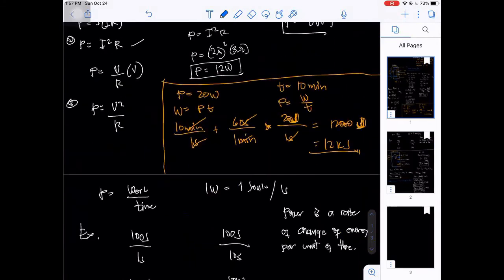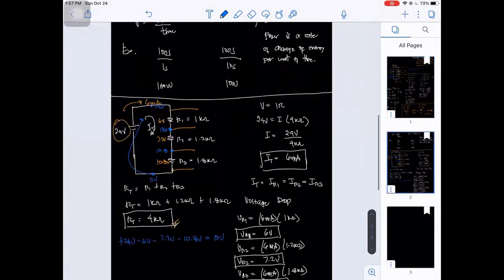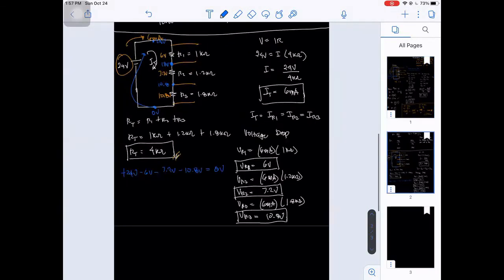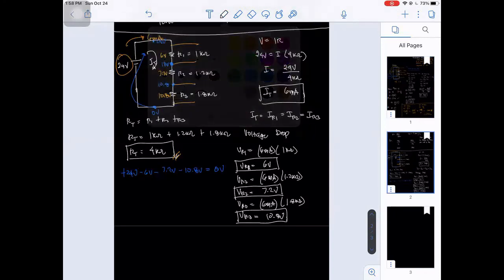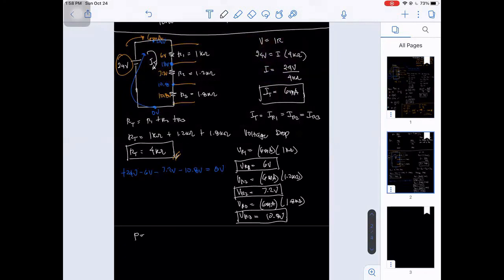Okay, so that's it. We can now also compute for the power. So we can have P equals IV. Power is equivalent to, since we have now our total current, which is 6 milliampere, we can now compute the total power delivered by the 24 volts battery in the circuit.